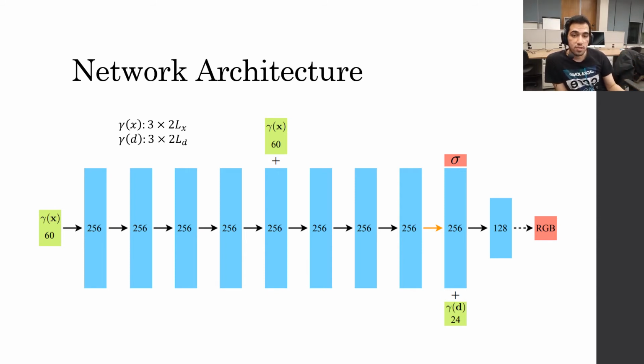And that's the reason for 60 over here. And for the gamma D down there, which shows 24, it's basically 3 times 8, where 8 is 2 times 4, the latent space that we were going to use.